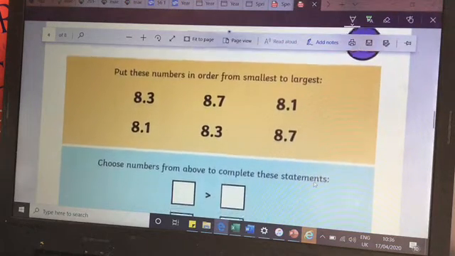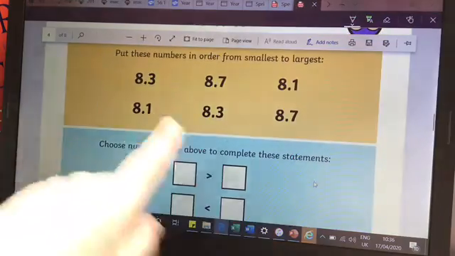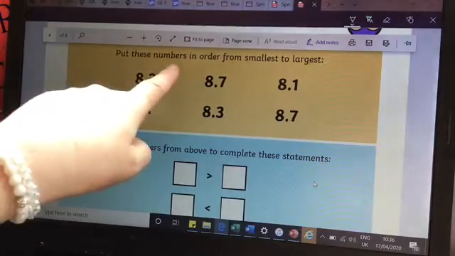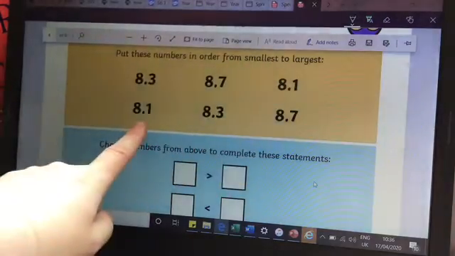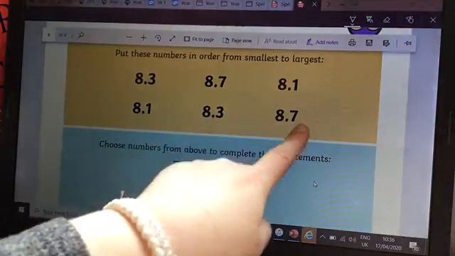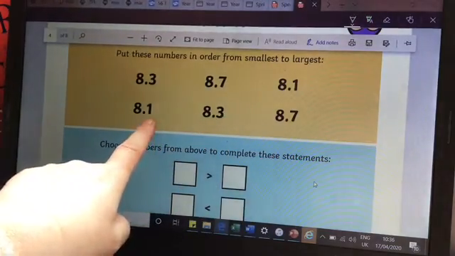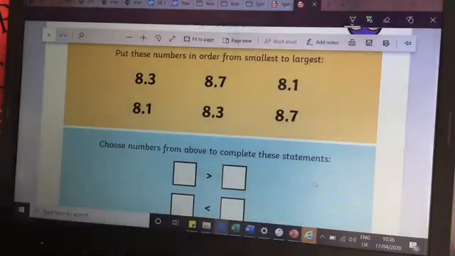Now I'm looking at some different decimal numbers: 8.3, 8.7 and 8.1. If I were to put them in order from smallest to largest: 8.1, 8.3 and 8.7. So the number in the tenths column will tell us which number is smaller.